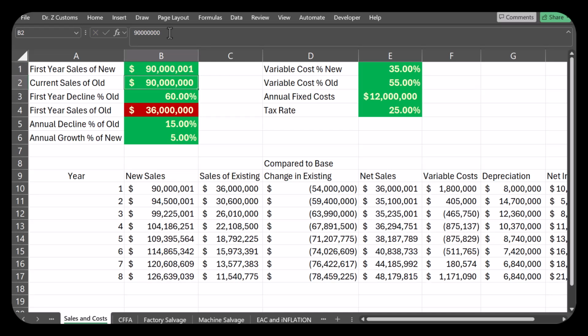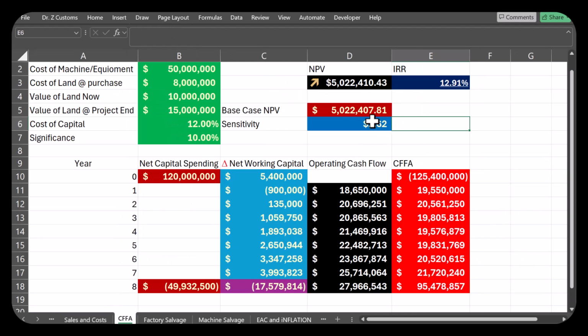Since we set up our spreadsheet so that as soon as I change that input, everything else is calculated, all I have to do is go here and look at it. Turns out, given our base case scenario, every $1 increase increases the NPV by $2.62.